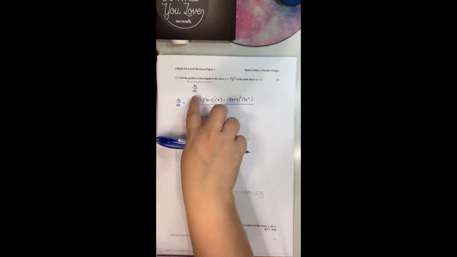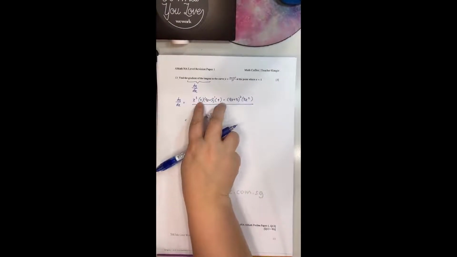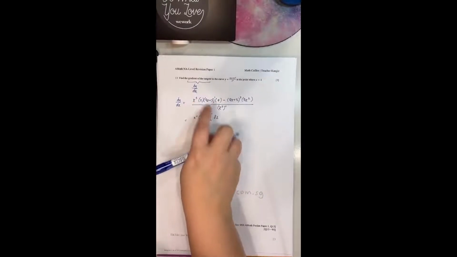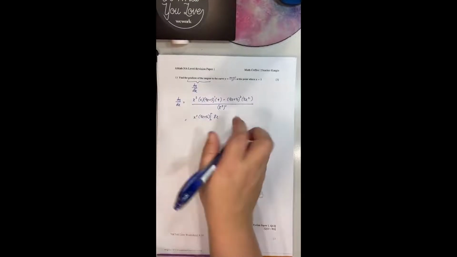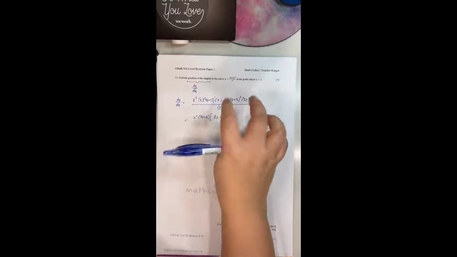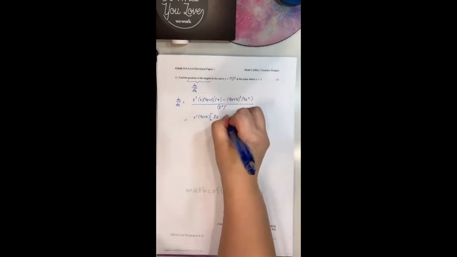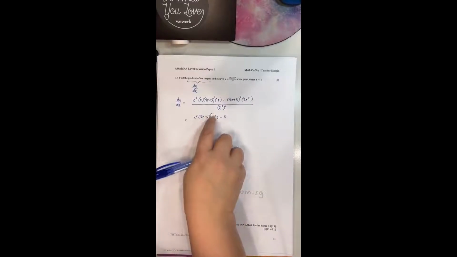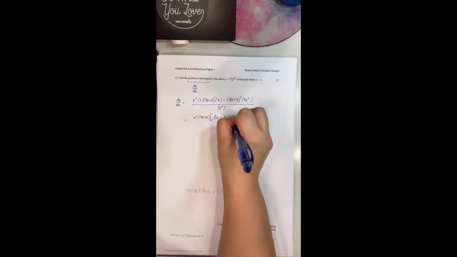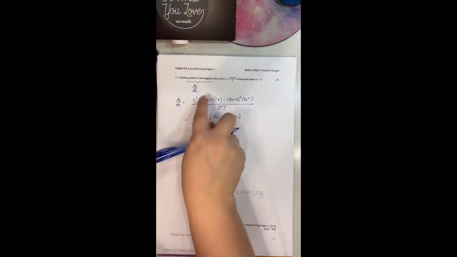I will have 8x, because this is 2 times 4, 8x cubed; I take out x squared, I'm still left with 8x. Subtract. Now this side, when I take out x squared, I'm still left with a 3. This (4x plus 3) squared, when I take out one 4x plus 3, I'm still left with one 4x plus 3. So what I did was just factorize out the common factor.